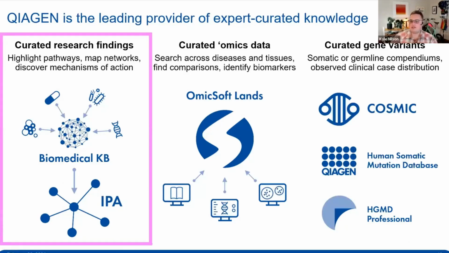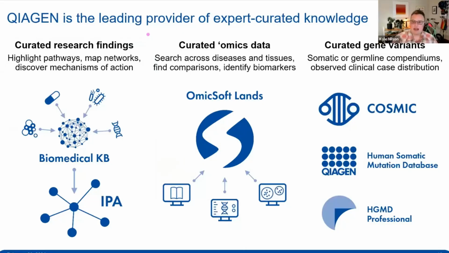All of those details are captured by our team of curators for use in the QIAGEN biomedical knowledge base. And that knowledge base is what powers Ingenuity Pathway Analysis, a fantastic relationship resource that has been growing over the past 20 years.